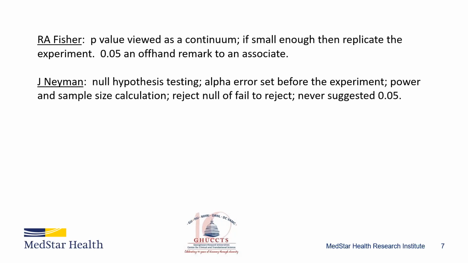In other words, that he might make a wrong decision, statistically speaking, 5% of the time. And Neyman, in his development of null hypothesis testing and talking about the alpha error rate, never mentioned using 0.05 as a cutoff for being significant or not significant.